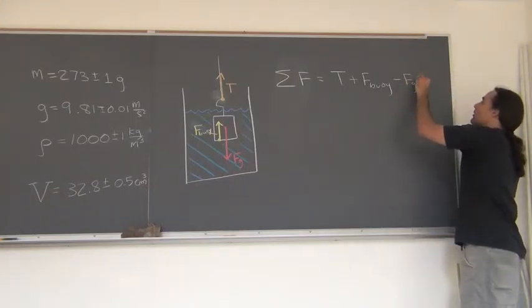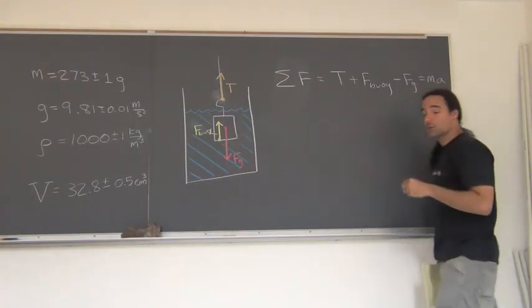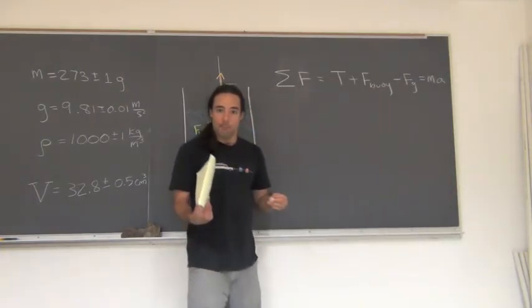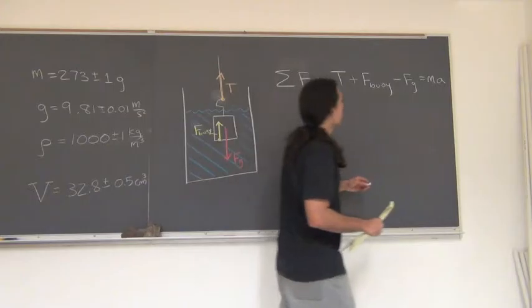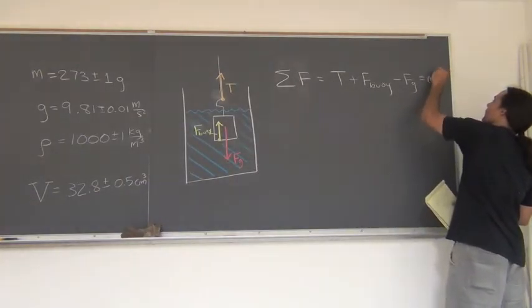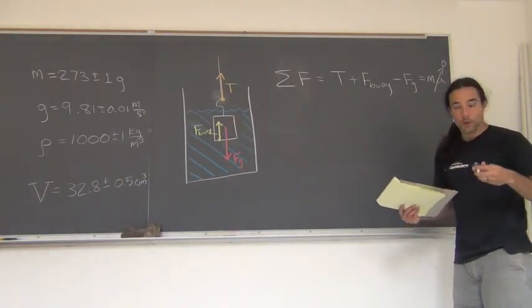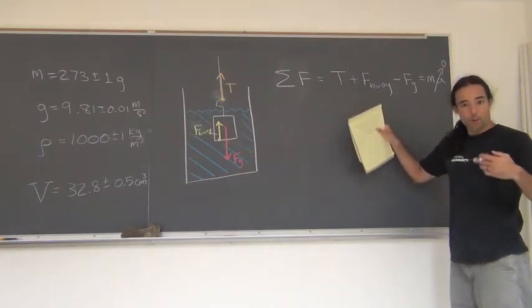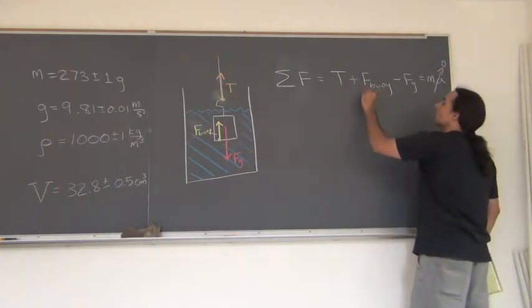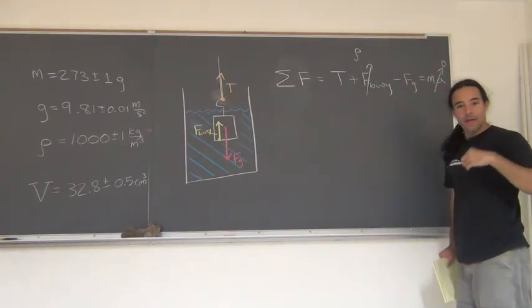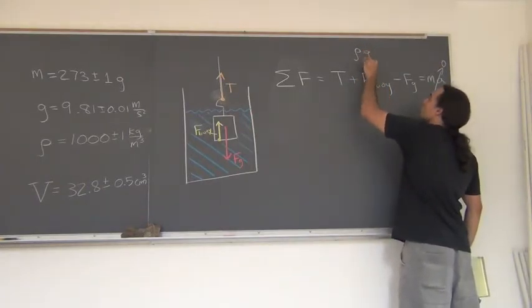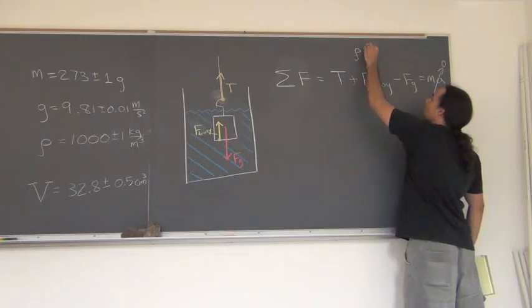This has to equal the mass times the acceleration by Newton's second law. But we know the cube is just stationary, it's not accelerating. So my acceleration is 0, so the right side is 0. Let's plug in the formula for our buoyant force. We know that's the density of the fluid times g times the volume displaced.